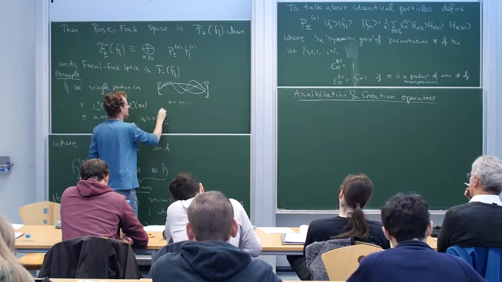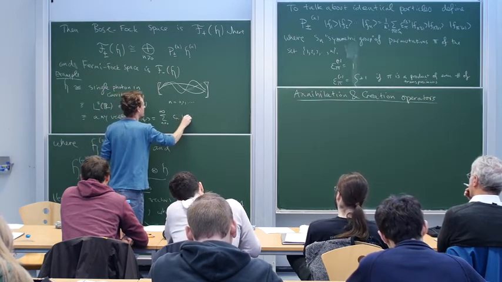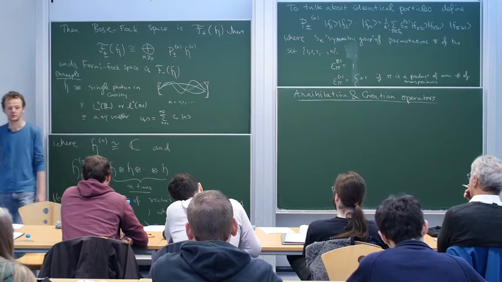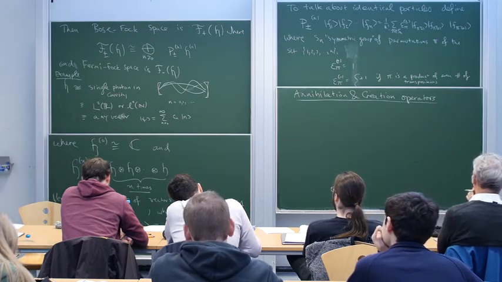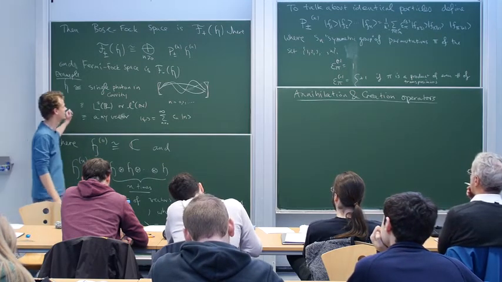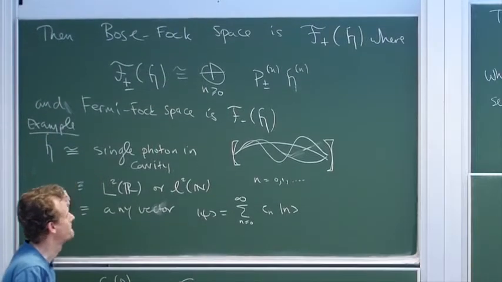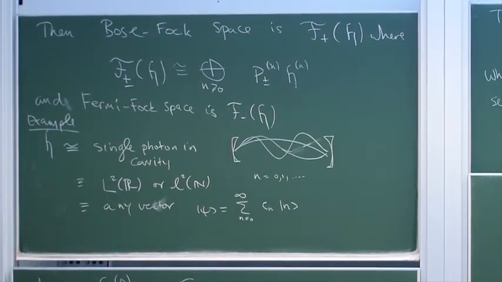Psi is an infinite sum of these single particle mode shapes. And this is already infinite dimensional, right? A single photon in a cavity already has an infinite dimensional configuration space.